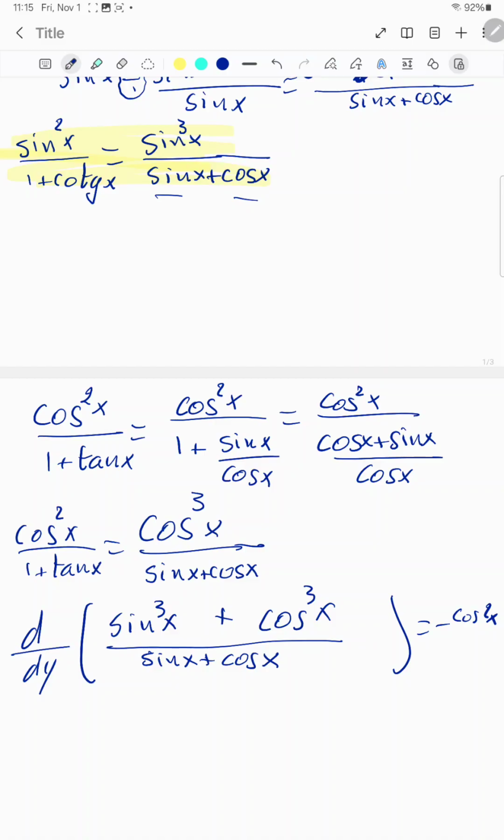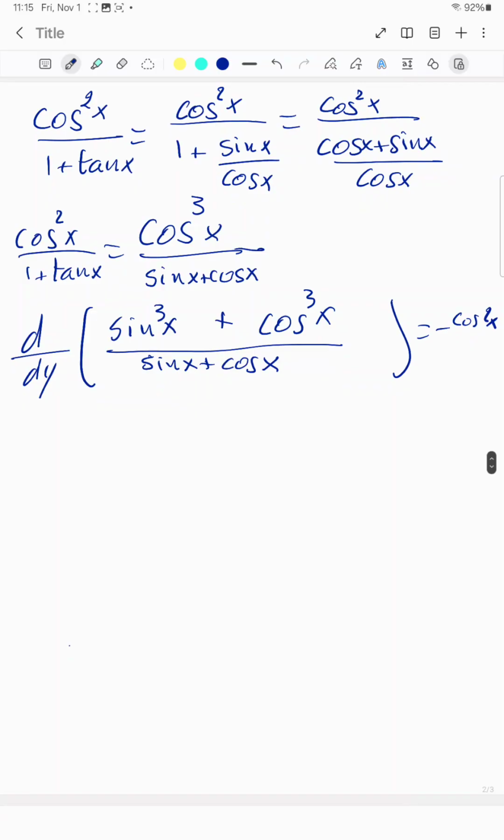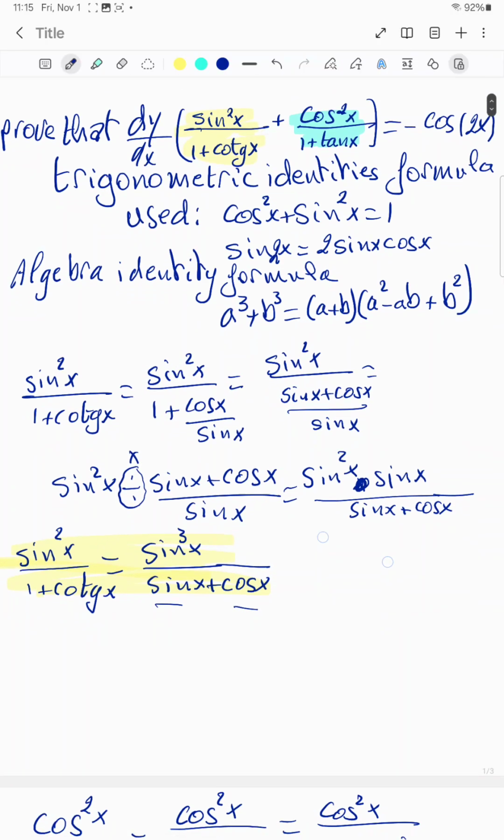Before doing it, I realize I have sine to the power of 3x plus cosine to the power of 3x. It is like a to the power of 3 plus b to the power of 3, which is equal to a plus b multiplied by a square minus ab plus b square. And in my case, my a is sine x and my b is cosine of x. Let's make sure the formula is right, a plus b, yeah.